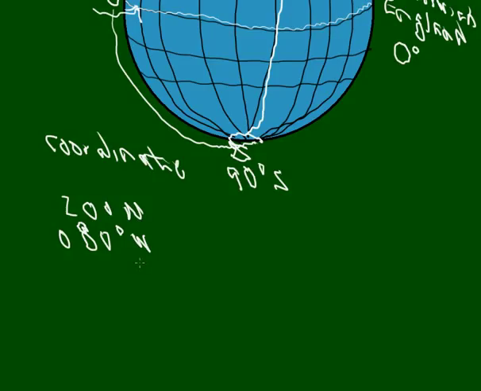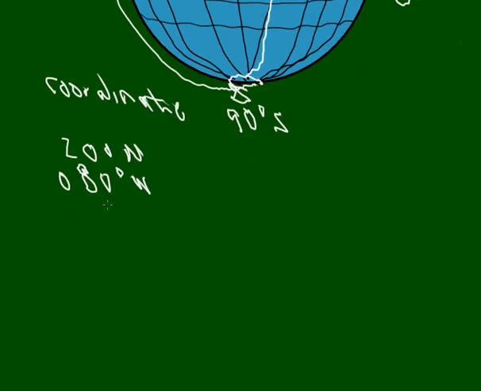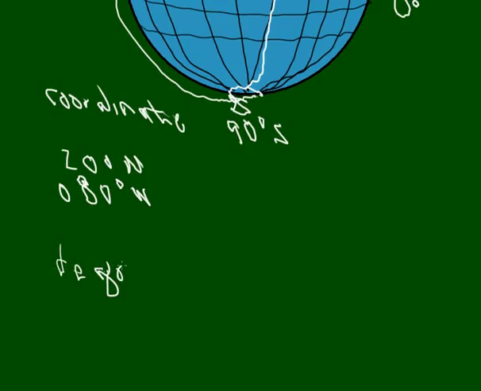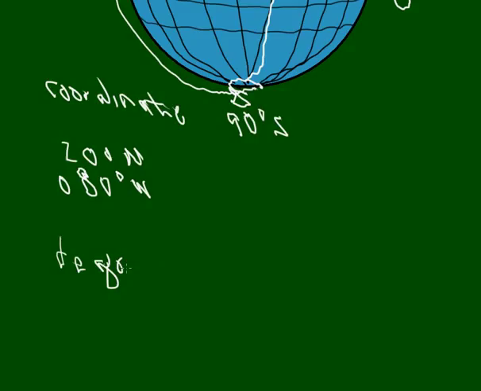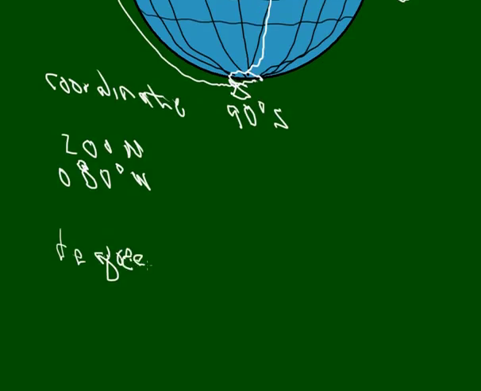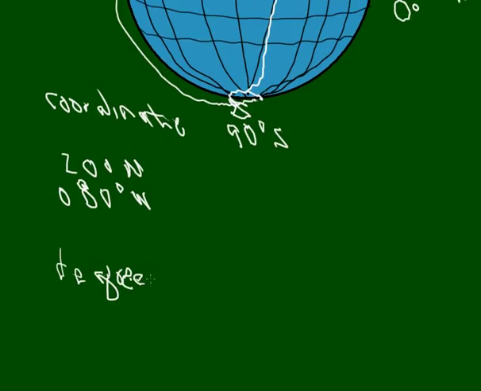So we need to have more precision in how we state the coordinates, and the way that's worked out is that degrees are divided into 60 minutes.